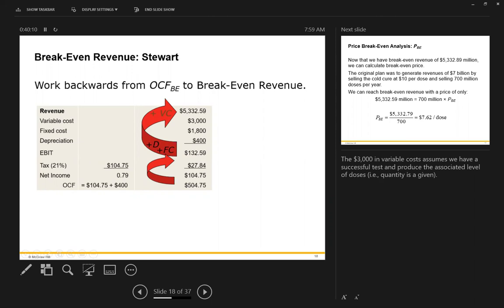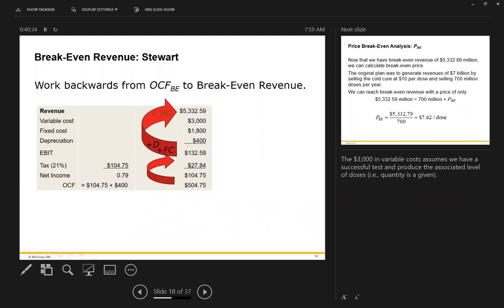So how much should our total revenue be? Well, variable cost of 3,000 plus 1,800 of fixed costs plus 400 of depreciation plus EBIT of 132.59. So 5,332.59.